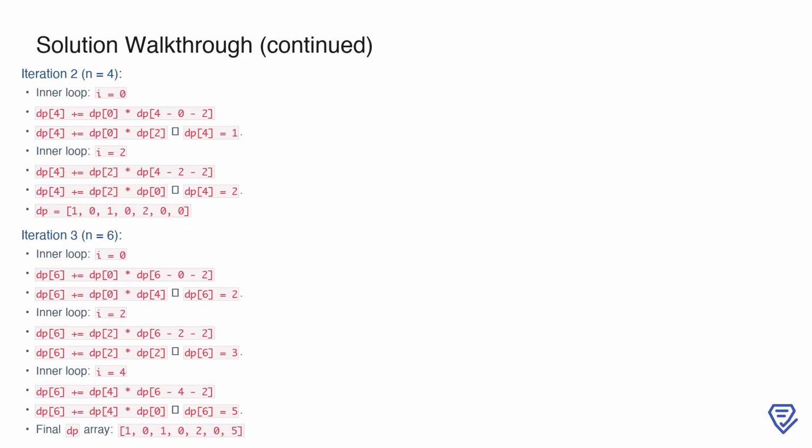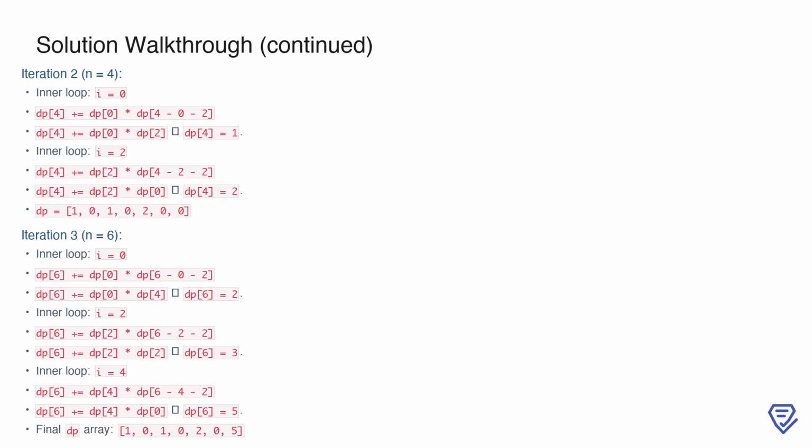For n equals 6, the inner loop begins with i equals 0, where dp 6 plus equals dp 0 asterisk dp 4, giving dp 6 equals 2. Then, with i equals 2, we calculate dp 6 plus equals dp 2 asterisk dp 2, resulting in dp 6 equals 3.